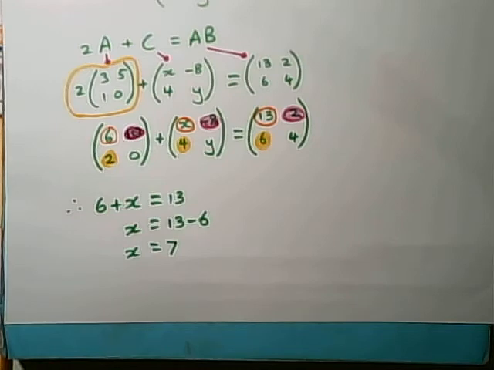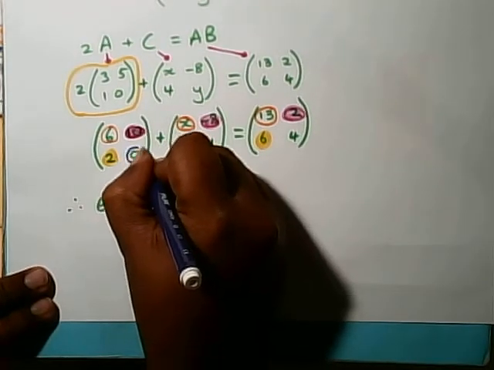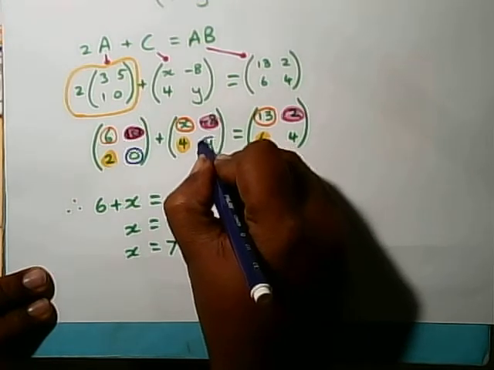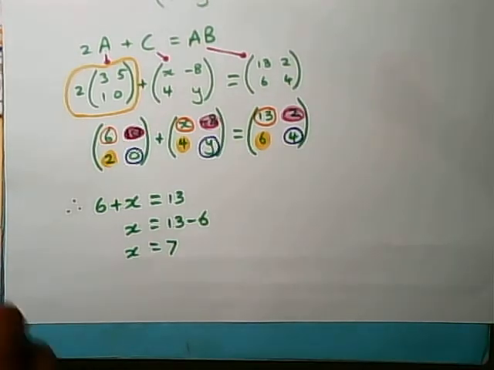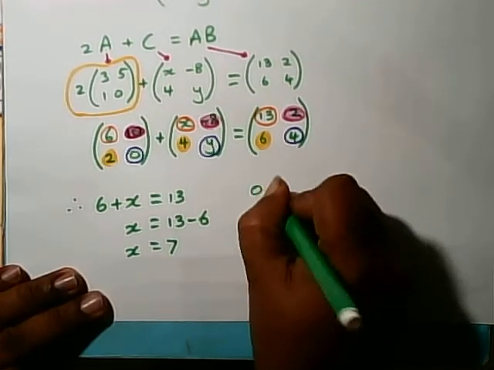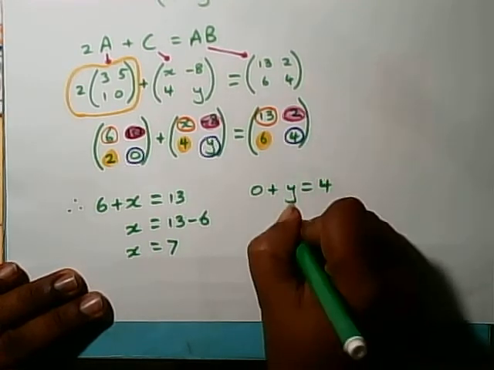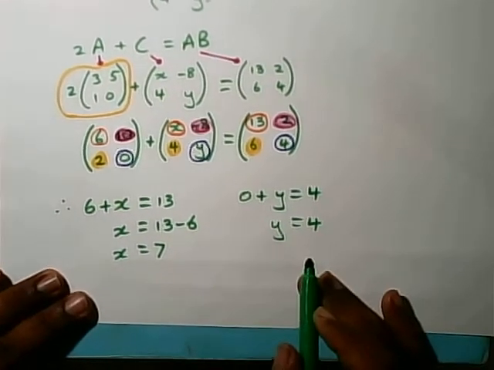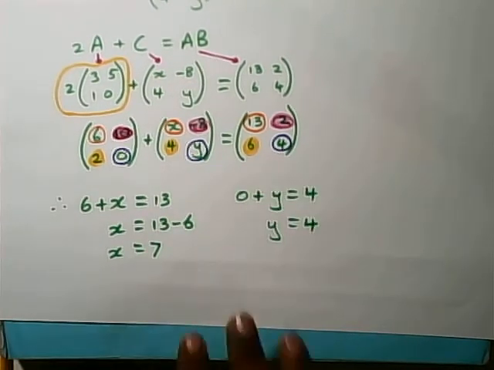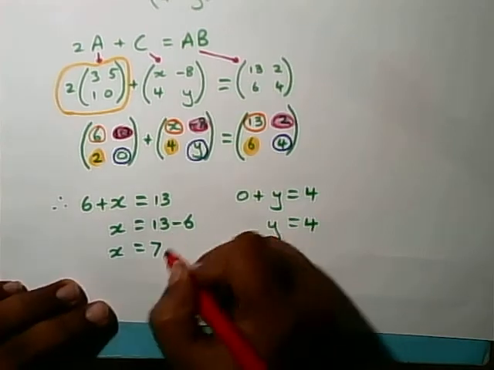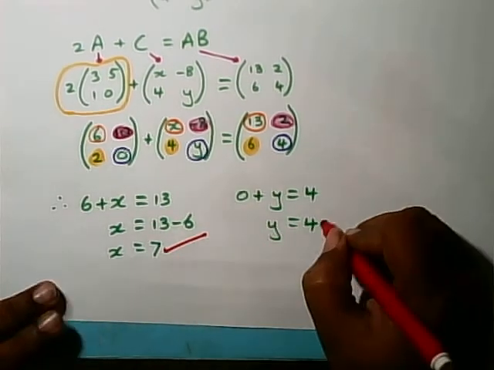Then we can also work out this number here. 0 added to Y will give me 4. 0 plus Y is equal to 4, therefore Y is equal to 4. That's it. The question was asking you to figure out what X is and what Y is.